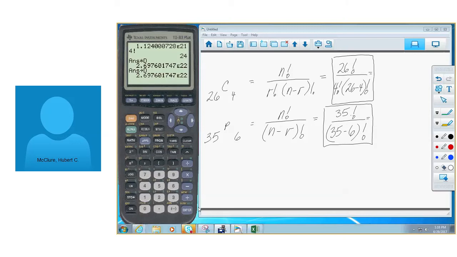Alpha N divided by what? Alpha D, Hubert. That's right, class. And that's what I got. Now, it is possible to do that without even writing, but you've got to think. You've got to use your calculator. And that's how you use your calculator.